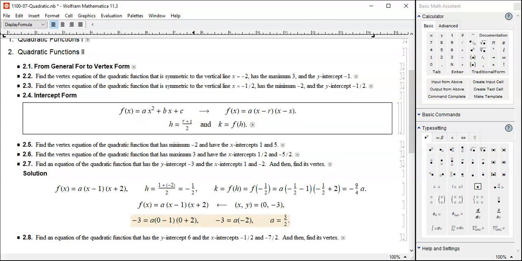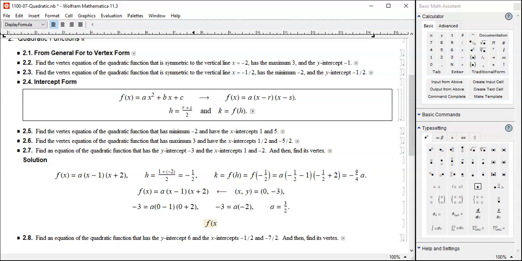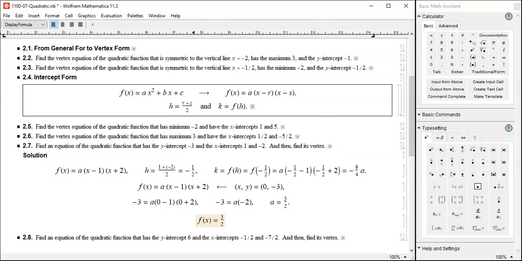Is this right? Please check. So a is 3/2. So I'm going to get f(x) equal to 3/2 (x minus 1)(x plus 2). So there goes an equation of this quadratic function in the intercept form.